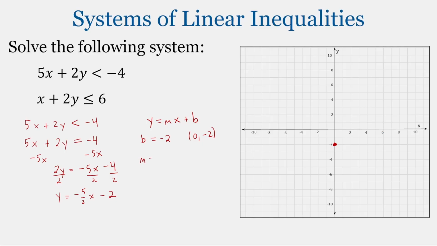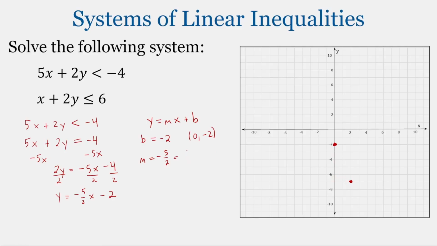And our slope is equal to negative 5 halves. So we can rewrite this as negative 5 over 2. That means we're going to go down 5 and to the right 2. So starting at a point on that line, this y-intercept, we're going to go down 5 and to the right 2.